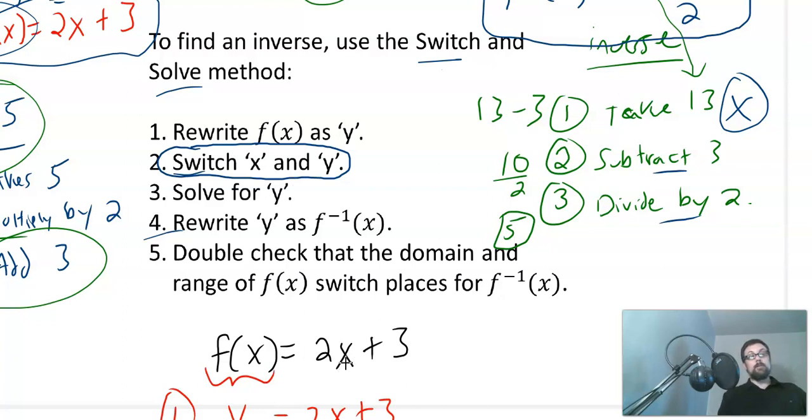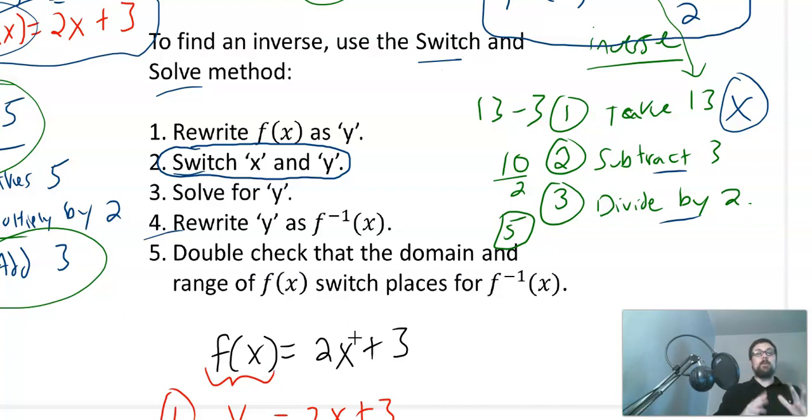Now for this function, it automatically did. We didn't have to worry about it. When we switched x and y, the domain and range automatically switched places. We didn't have to take any action on that. But on problems where they are asking you for the domain, the reason they're asking you is because it didn't automatically happen like it was supposed to. So you have to step in and force it to happen.